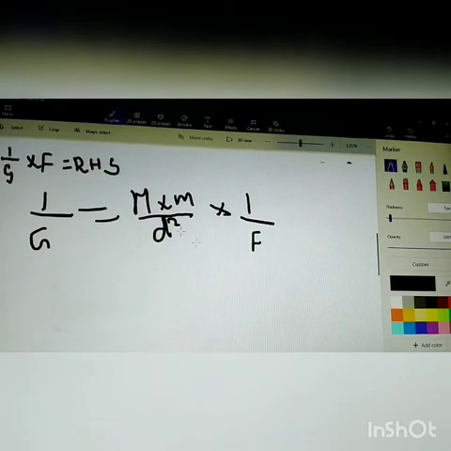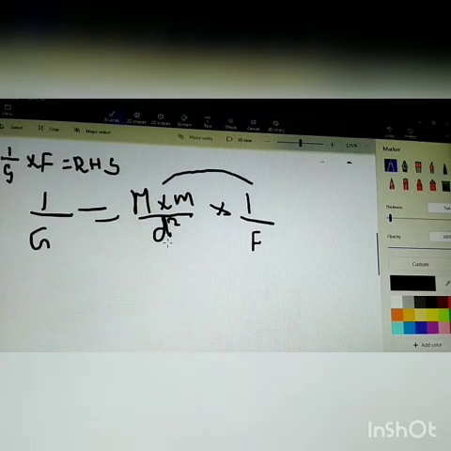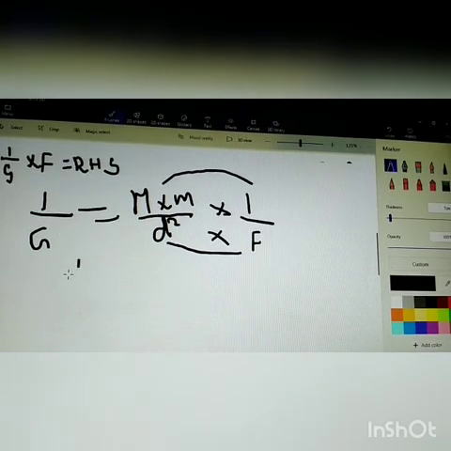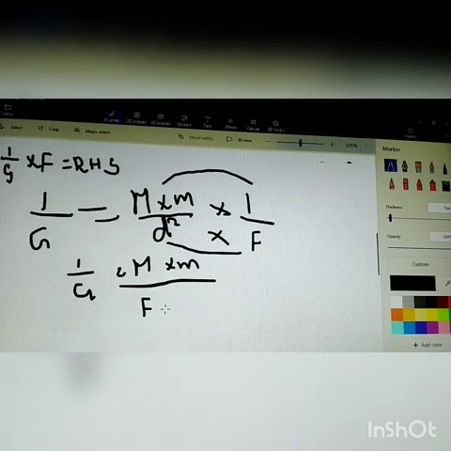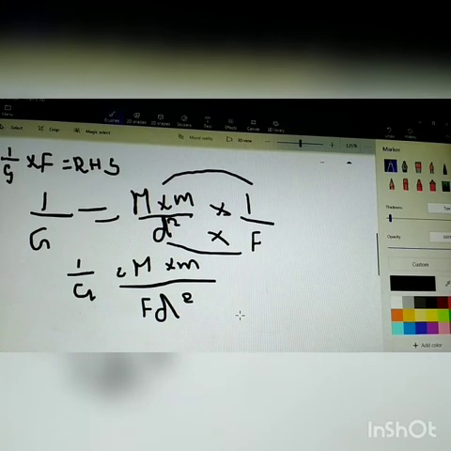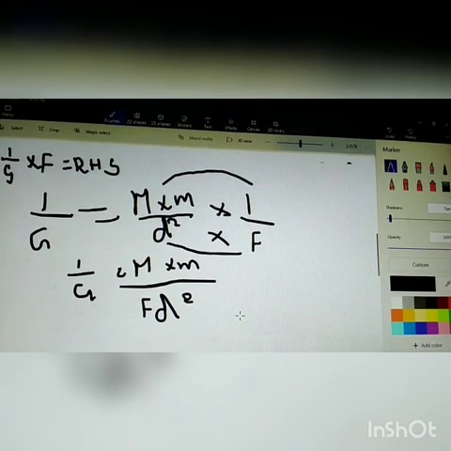And now if you substitute these values, then it will become m into m divided by 1 and multiplied by 1 and d square multiplied by force. So what will this result in? 1 by g is equal to m into m divided by f d squared. So how can we make this even simpler instead of 1 by g?